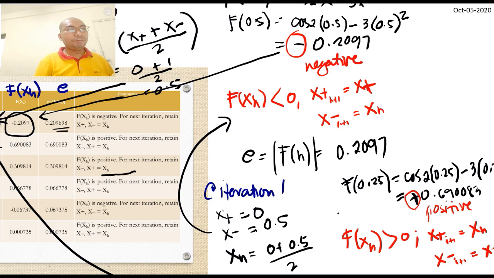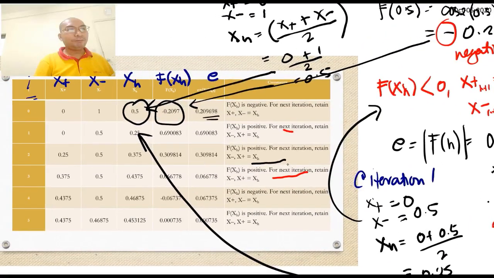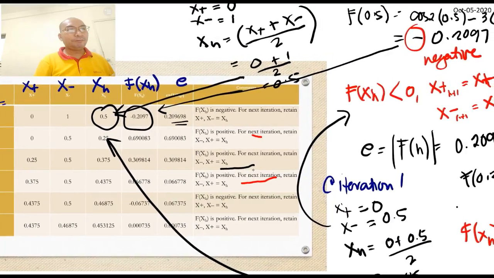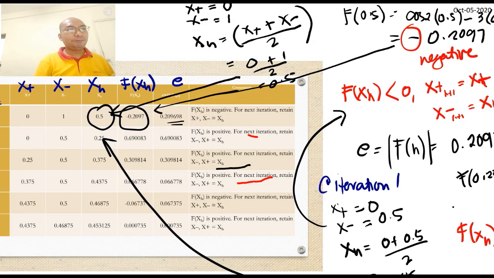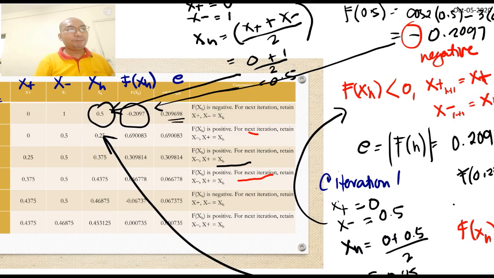So that's why you will notice here in iteration 2, our x plus is the value of x sub h.